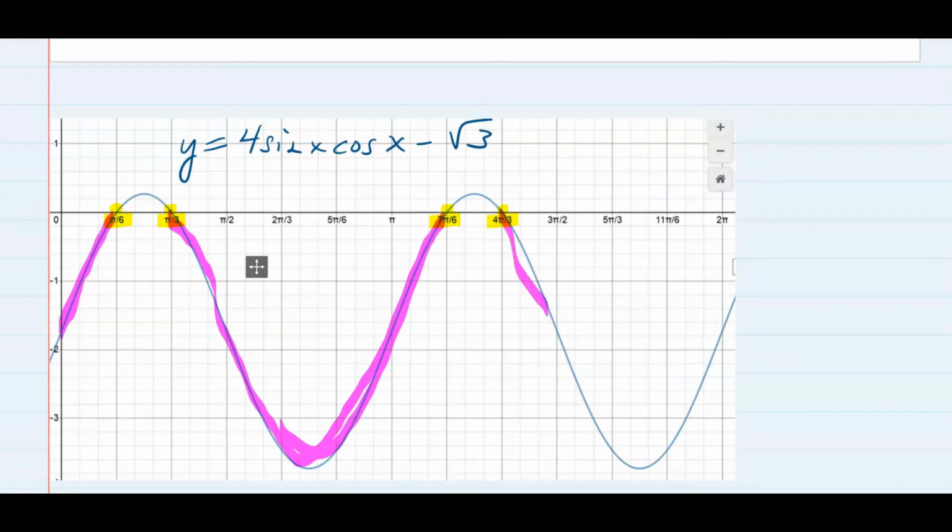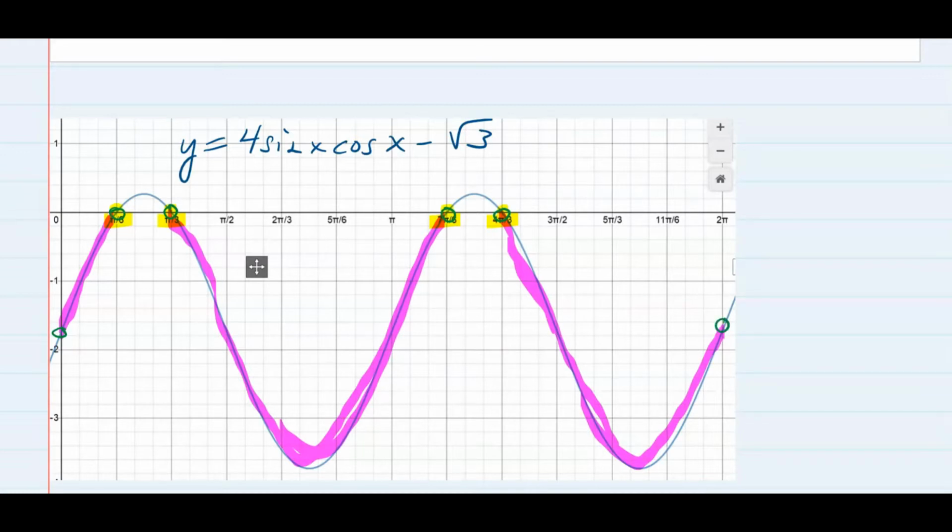And then we're going to be going from 4 pi over 3 over to 2 pi, which is right there. And of course, since we're less than, we're going to have open endpoints at all of these places: at 0 to pi over 6, from pi over 3 to 7 pi over 6, and from 4 pi over 3 to 2 pi.